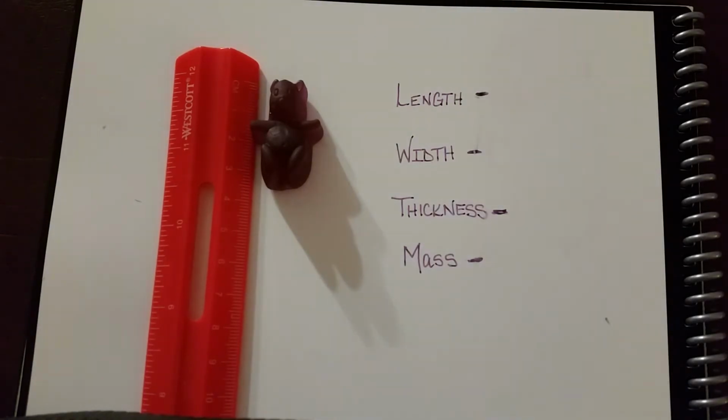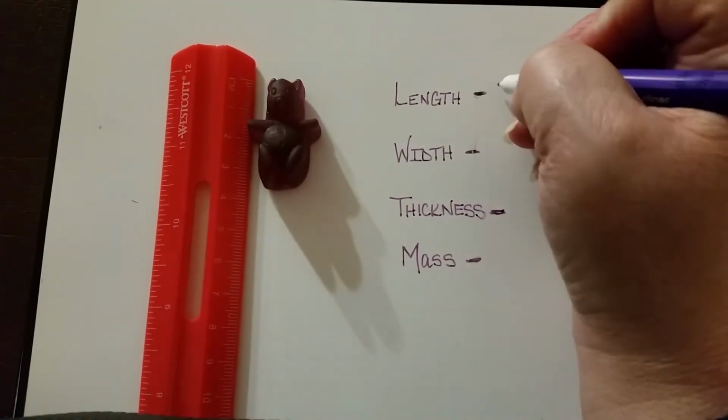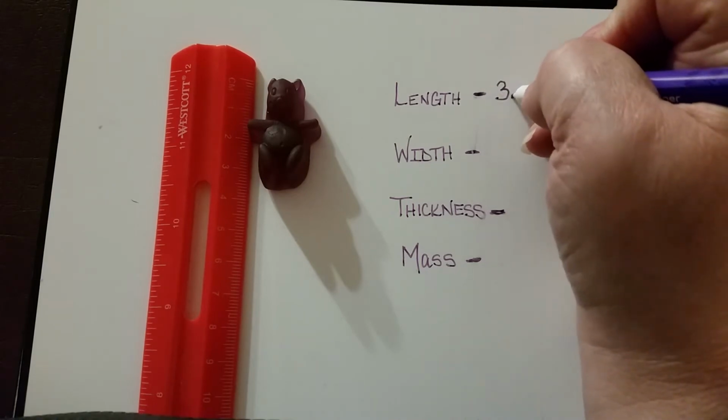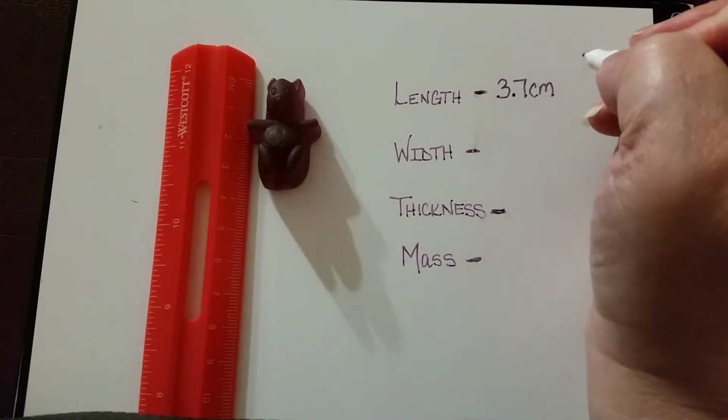Okay, here is bear number 1. We're going to measure his length, his width, and his thickness. It is your responsibility to record that in the data table for the lab. You can do that using Kami. Now, bear number 1, his length is 3.7 centimeters.